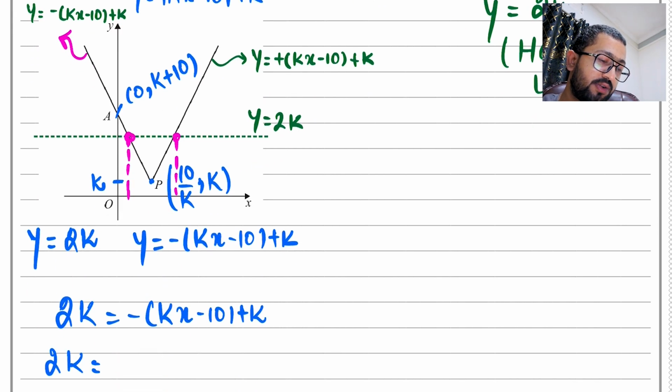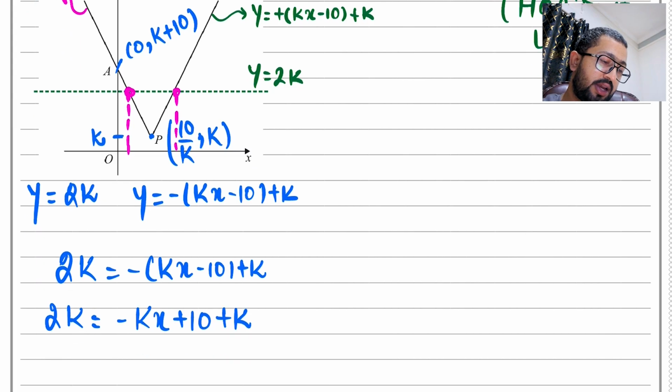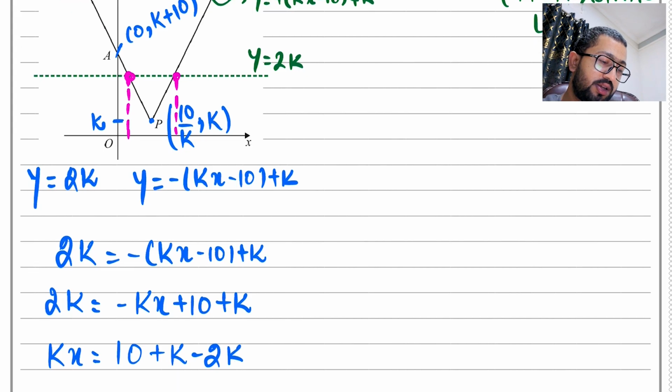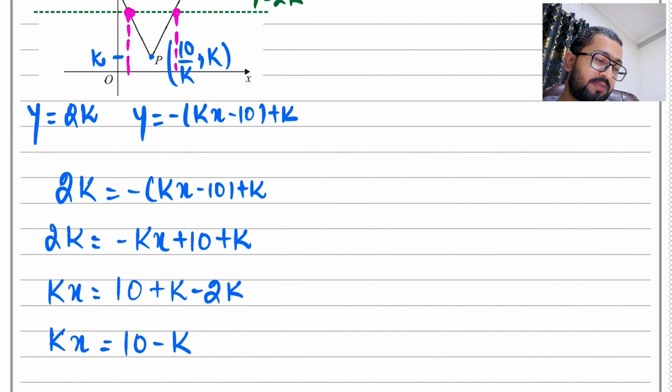So 2k is equal to minus kx plus 10 plus k, and kx will be equal to 10 plus k minus 2k. k minus 2k will be equal to minus k, so kx equals 10 minus k, and x equals (10 minus k) over k.